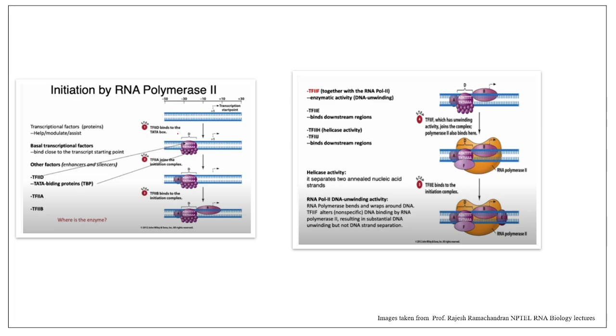Whenever we talk about eukaryotic initiation, many different transcription factors are required, and these can be of two types. First are the basal transcription factors, and then some other transcription factors. The ones written over here, TFIID, A, B, F, E, H, are the basal transcription factors. And the other, specialized transcription factors are enhancers and silencers.